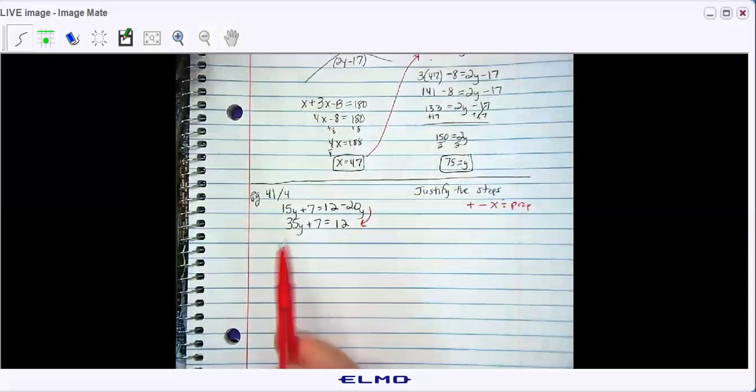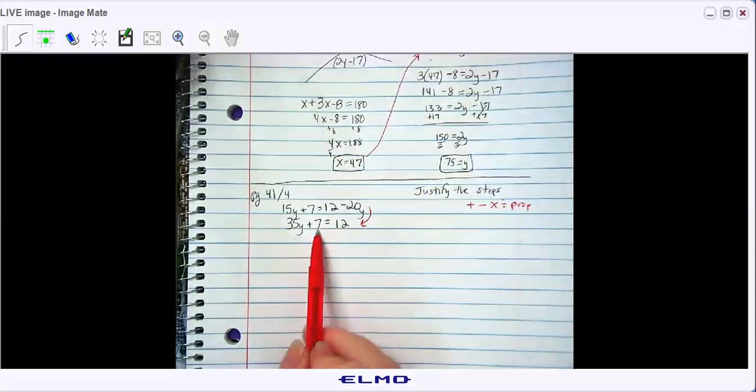So y's are still there, the 7's still there, and the 12's still there. So what's missing? What's missing from the first line to the second line? Because that's going to be the answer to our question.